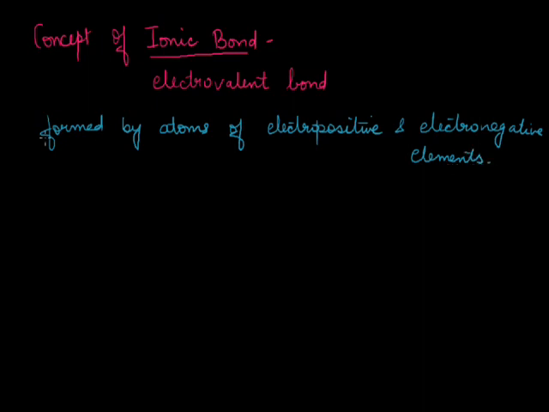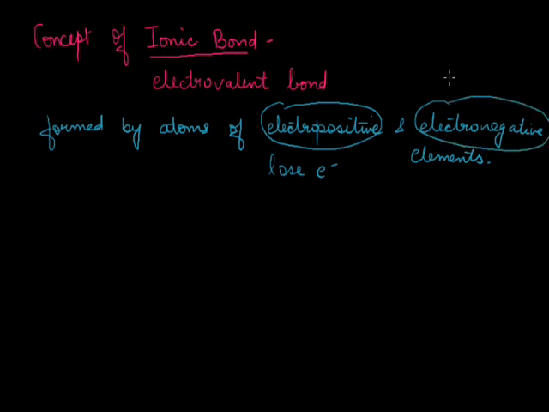Electropositive elements lose electrons in a chemical reaction, while electronegative elements gain electrons in a chemical reaction.